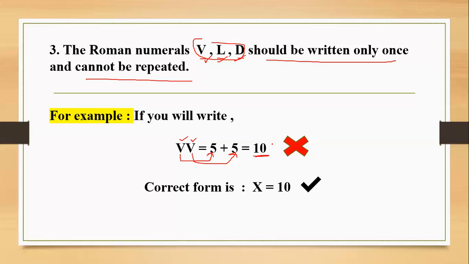But it is the wrong way to do it, because in Roman numbers we have a standard symbol and its value. The standard symbol is X and its value is 10. So we will write the number 10 in a Roman number in this way, only 1 X for 10. That's why V and D cannot be repeated. You have to keep this in your mind.